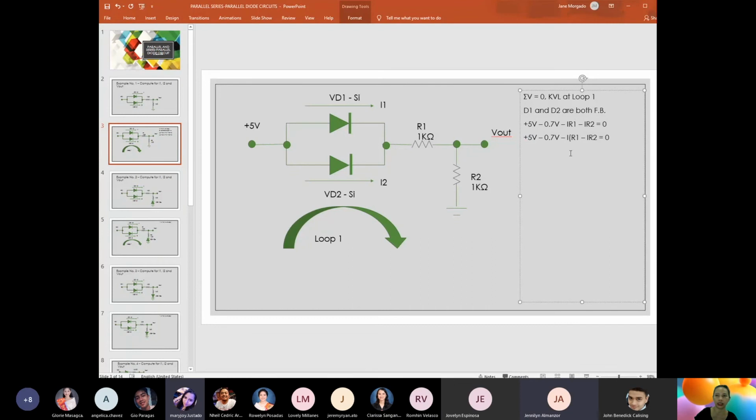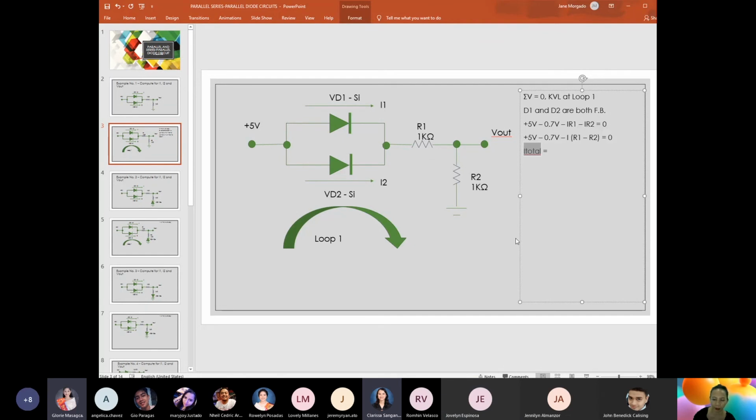Since the I that is flowing through R1 is the same current flowing through R2, we can factor out the current. So therefore, we now have a formula for I. This is actually the I total, kasi mamaya pinapakuha sa atin yung value of I1 and I2, the current flowing through each diode.